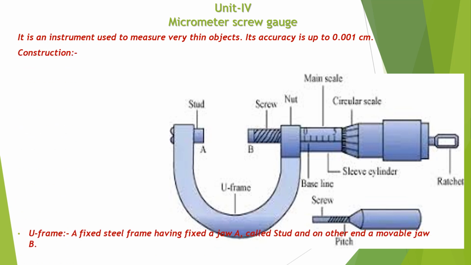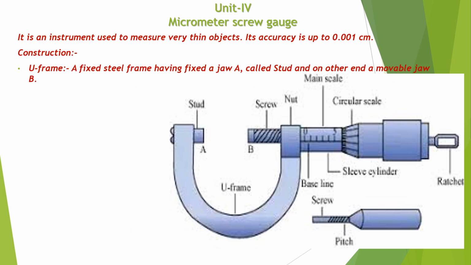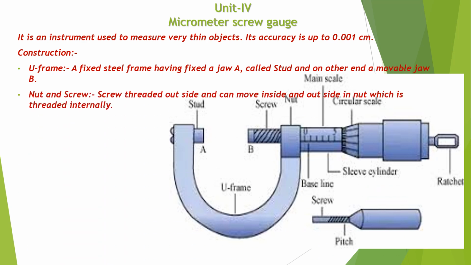Its construction. It has the U frame, which is a fixed steel frame having a fixed jaw A, that is called the stud, and on the other end a movable jaw B. And the next part is the nut and screw: the screw is threaded outside and can move inside and outside in the nut, which is threaded internally.